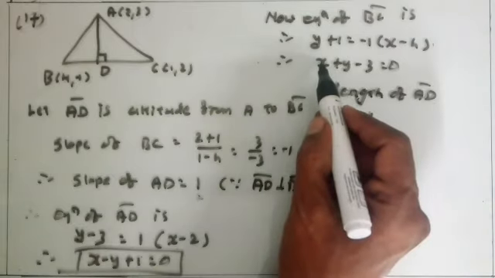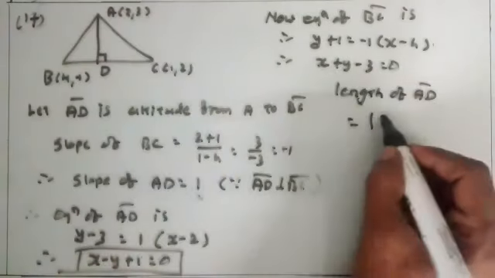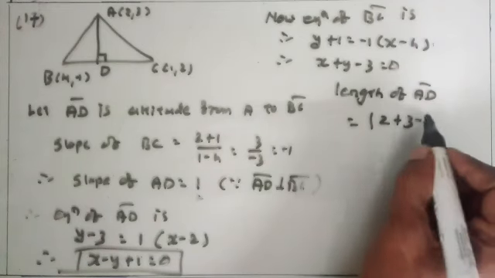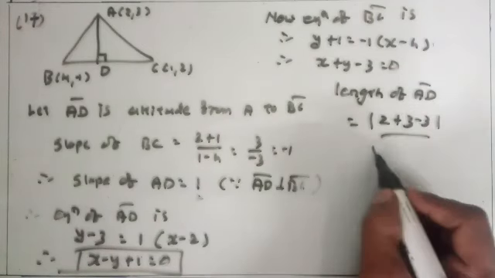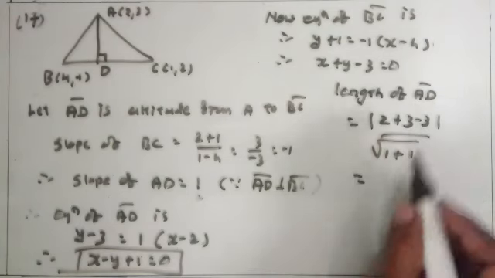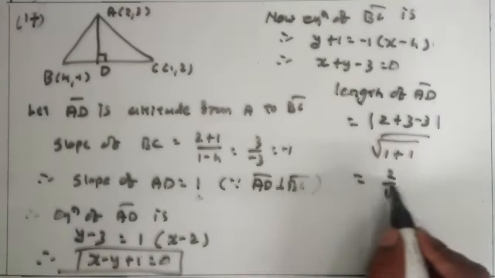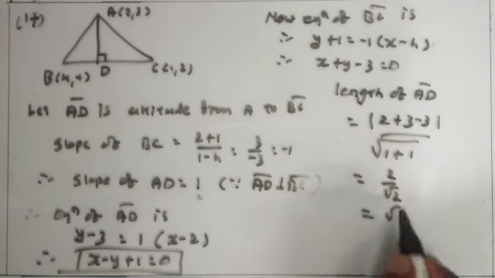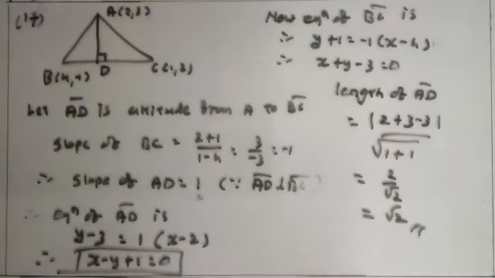Replacing (x1, y1) by (2, 3), we get |2 + 3 - 3| / root(1 square + 1 square) = 2/root 2, that is root 2. Clear? So this is the length of the altitude, and the equation of the altitude is x - y + 1 = 0.